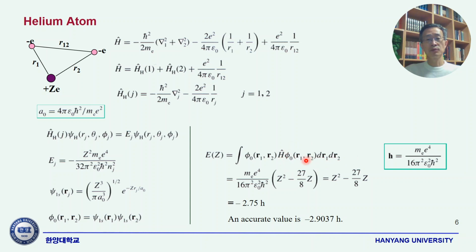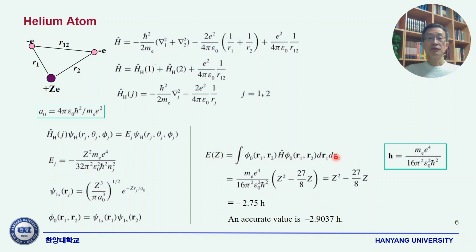The Hamiltonian operates on the wave function, which will yield something, and this is a form of expectation value of the Hamiltonian, which is the energy in this case. Okay, so this is it.